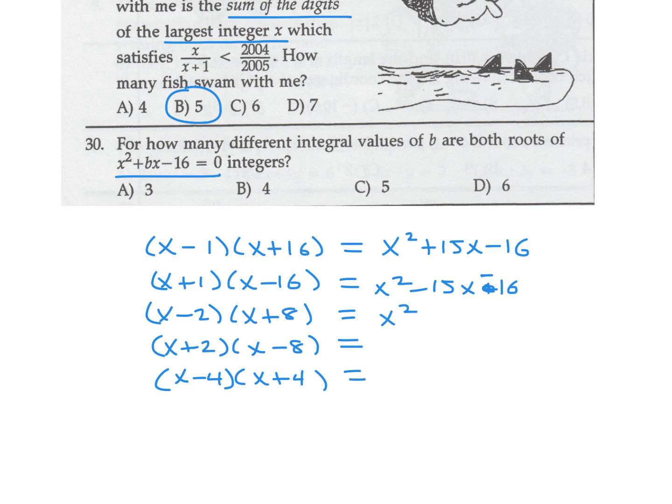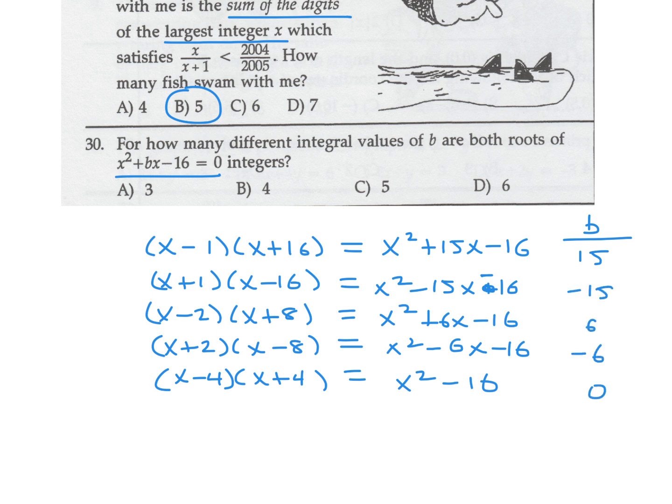Then x squared plus 6x minus 16, x squared minus 6x minus 16, and finally x squared minus 16. So the b in each of these is 15, minus 15, 6, minus 6, and 0. So I have 5 values of b, and therefore C is the answer to that one.